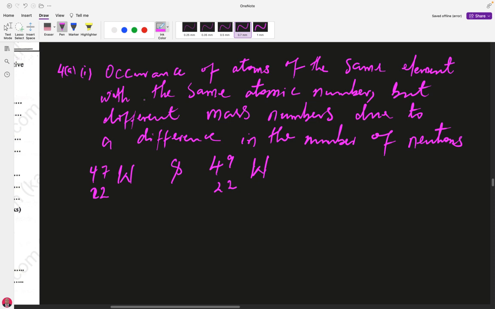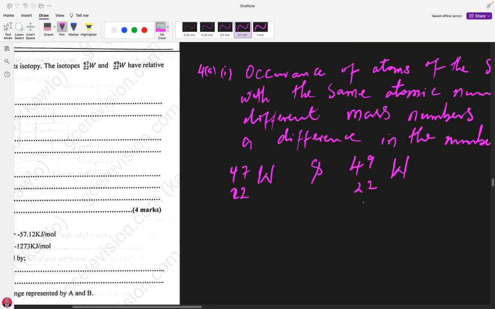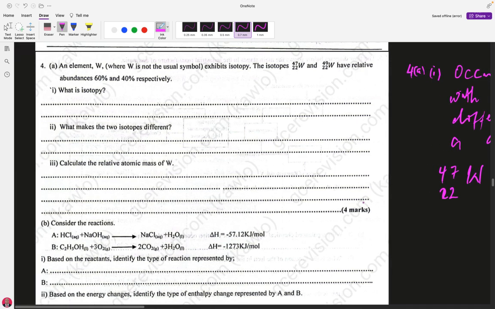Isotopy is the occurrence of atoms of the same element, W, with the same atomic number, that is 22, but different mass numbers, that is 47 and 49, due to a difference in the number of neutrons. The number of neutrons is what causes the difference in the mass number. So if you give this definition in the exam, you have all your marks.